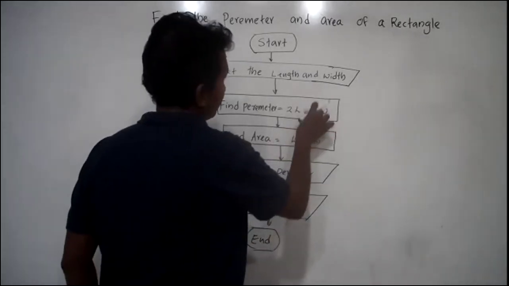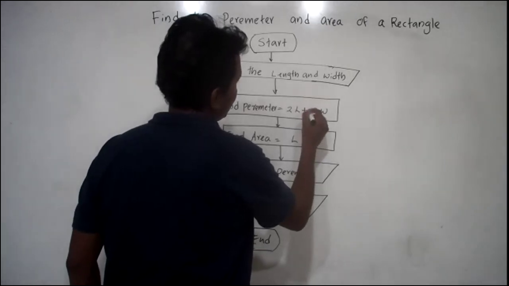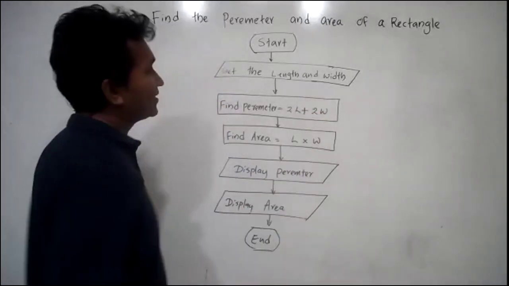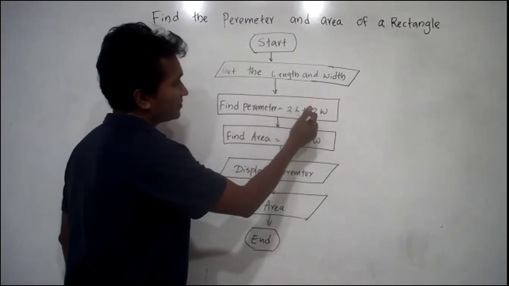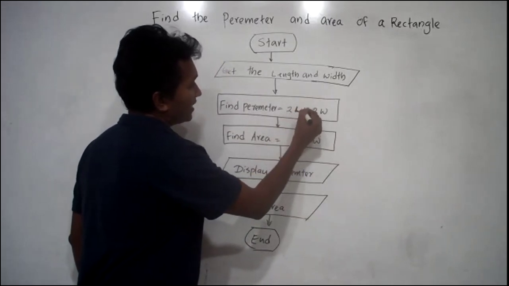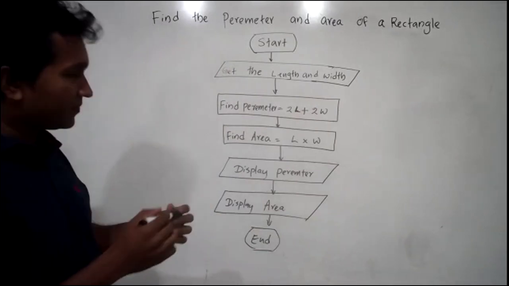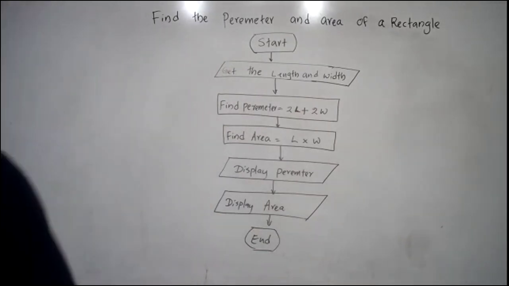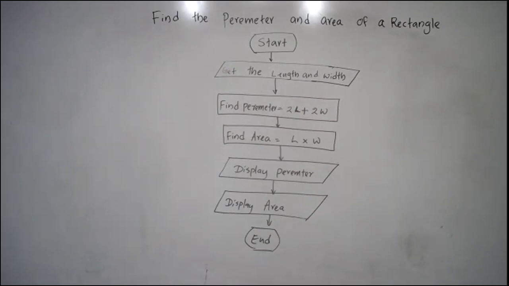This should be plus. 2 times length plus 2 times width. And find the area. Finally, display the perimeter and display the area. You can also put those 2 steps in a single output. That is also okay.